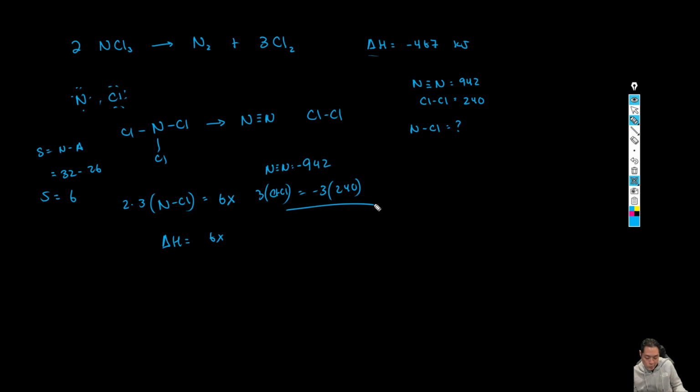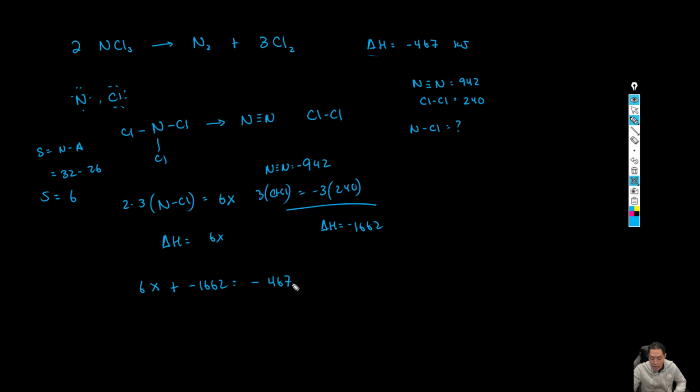I'm going to add this together. 942. 3 times 240. And I get negative 1662. So I know 6x plus negative 1662 is going to give me negative 467.